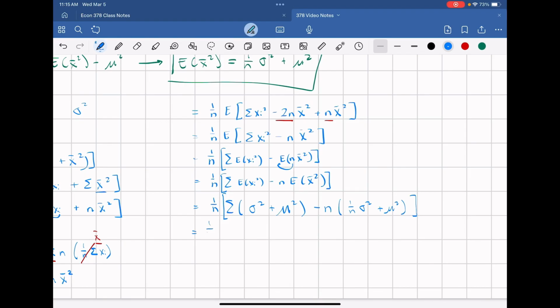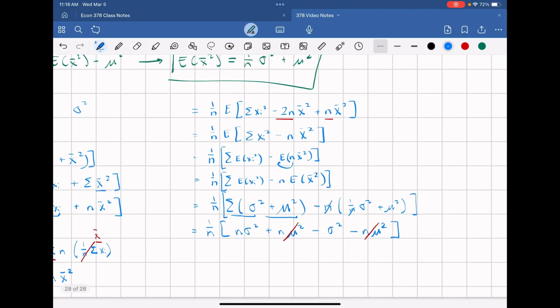So this is now 1 over n times this summation here. There are no subscripts, so these are both constants or parameters. So this is n sigma squared plus n mu squared minus, these n's cancel, sigma squared minus n mu squared. Now I see that this will cancel with this.